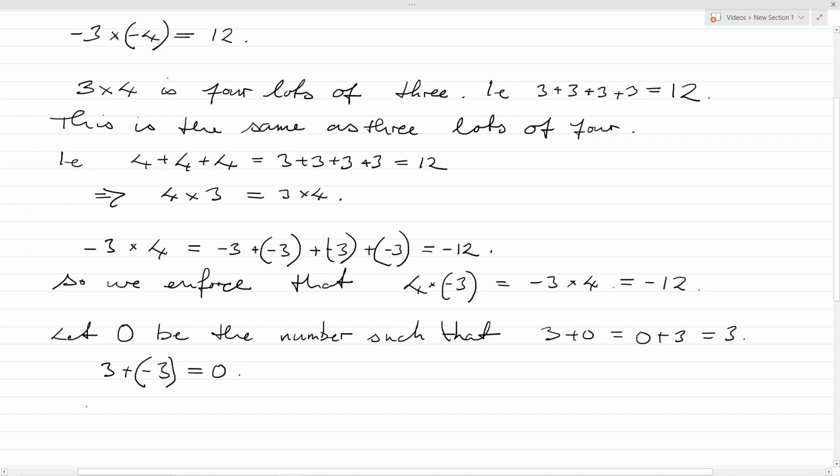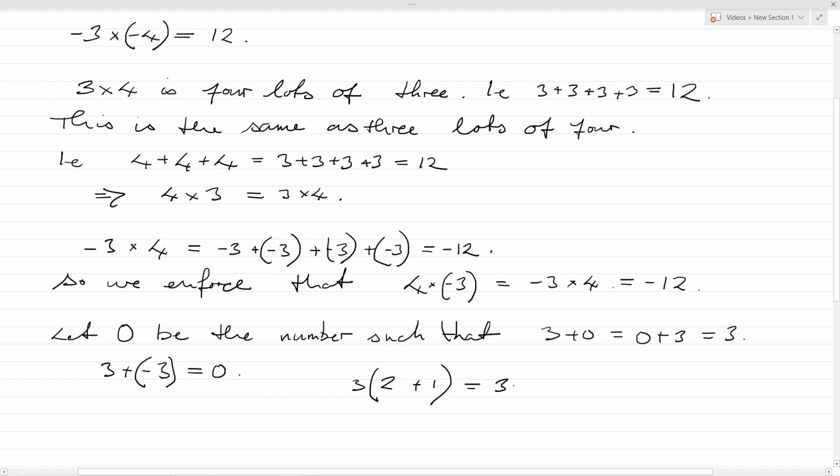Right, we're nearly finished, but we've got one more thing to define, and we're going to enforce this operation over a bracket. So we're going to say that 3 times the quantity 2 plus 1, and in general it doesn't matter what numbers, we could have any choice here for 2 and 1, but I'm just using this example to illustrate what we want these brackets to behave like.